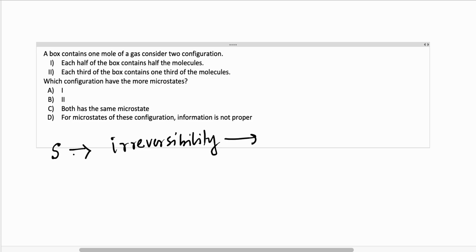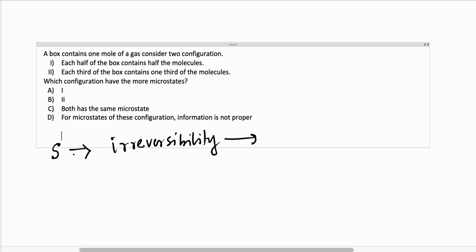Now suppose there is a large number of gas molecules of one kind, and gas molecules of another kind also. If you mix these two, can you separate each and every molecule from this combination? You can't, right? There is a huge number of particles.